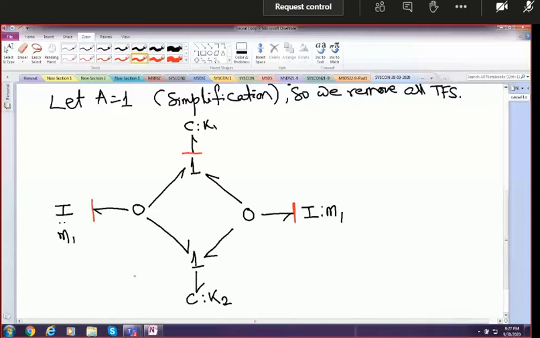Same thing for C is to K. So we have gone to a state where, after causaling all the elements, the model is non-causal. Causality is incomplete.